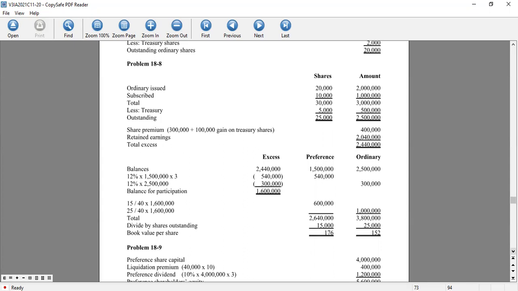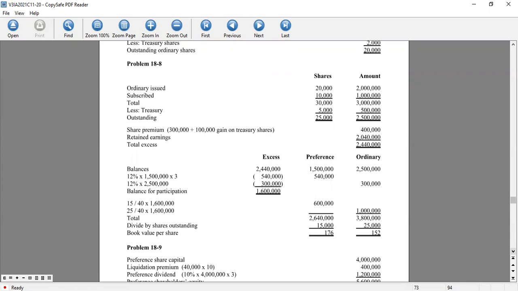Now for 12% multiplied by 1.5 million times 3 years in arrears, that's 540,000 deducted from excess, it will be added to the preference shares, and 12% times 2.5 million on ordinary shares. So 300,000 extended to the ordinary shares column.